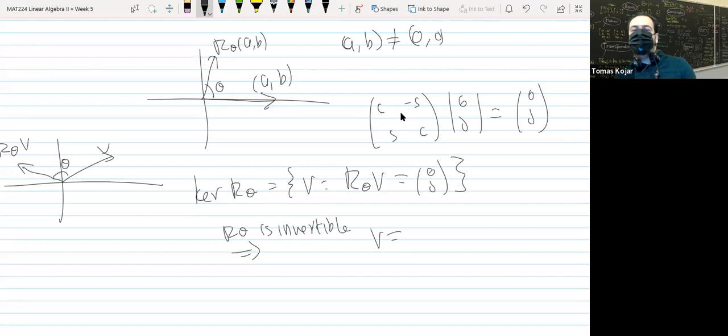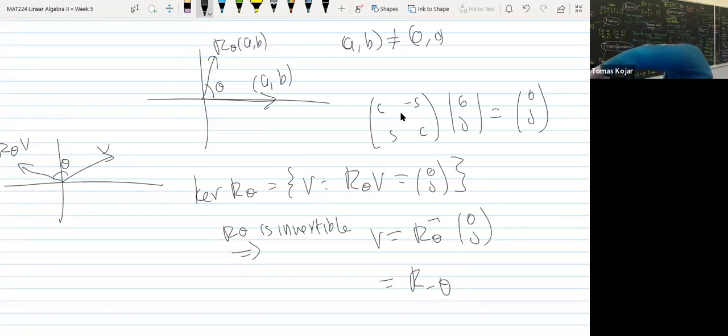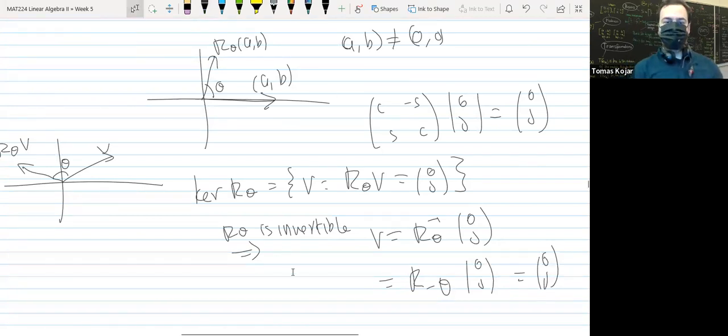So you get that V is R theta inverse of (0, 0), and we'll show that this is R minus theta. So the inverse of moving by theta is the same as moving by minus theta, the other way. And this will give you the zero vector. Is that okay? So we will talk about all that stuff.